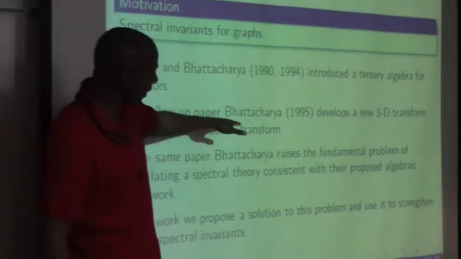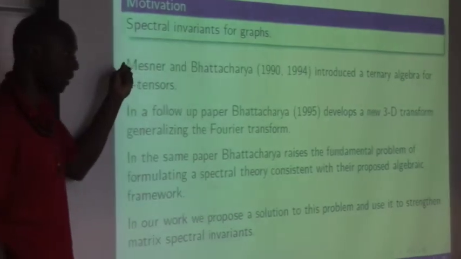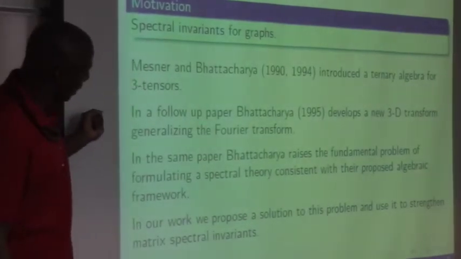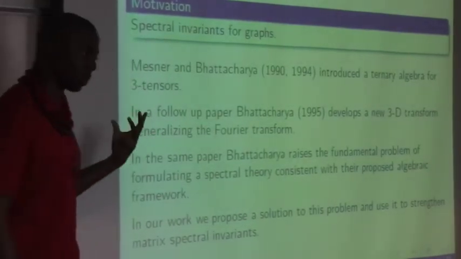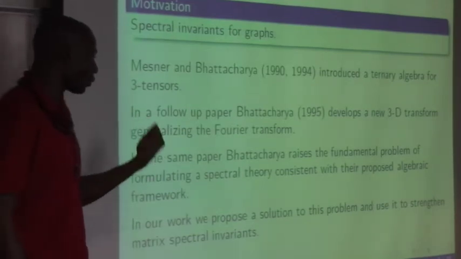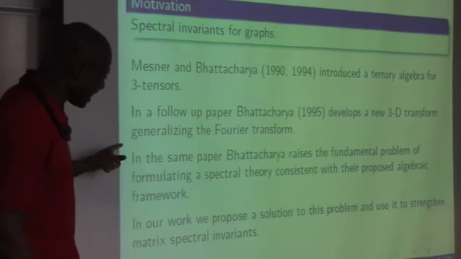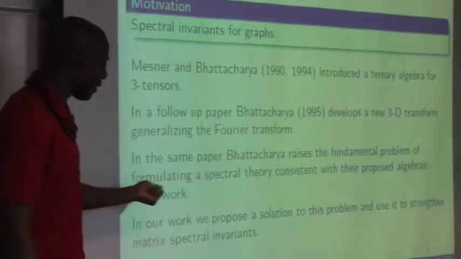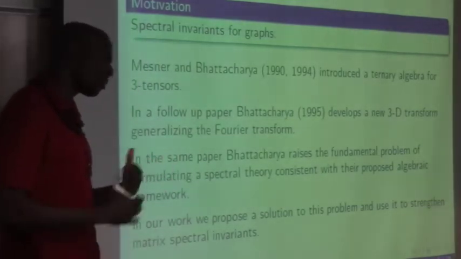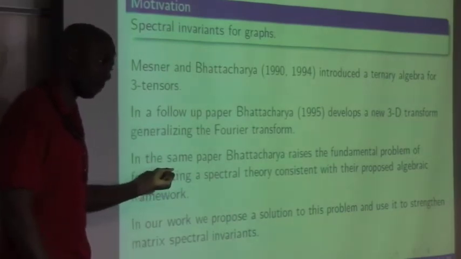In 1995, Bhattacharya wrote a follow-up paper on their ternary algebra, and he said, we get a new Fourier transform, which is provably not reducible to the 2D Fourier transform. All right? But in the same paper, he raises this very important question of how do you do spectral analysis in their algebraic framework?